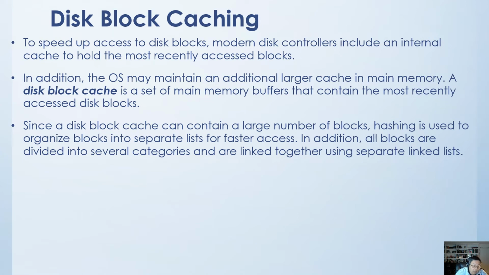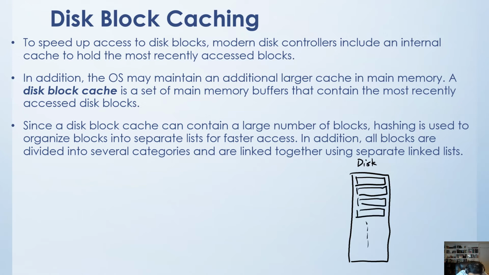Okay, now let's talk about disk block caching. To speed up access to disk blocks, the modern disk controller includes an internal cache to hold the most recently accessed blocks. Suppose we have a disk. A disk may have various different blocks, right? And then here's the disk controller.